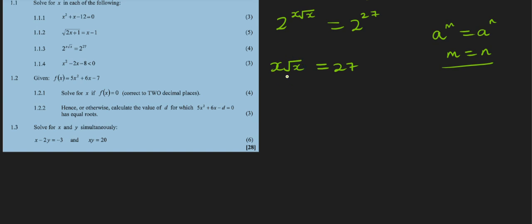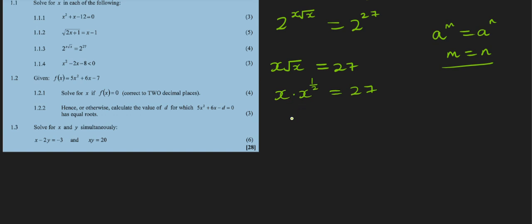On this side, it is up to us if we want to remove the radical sign: we are going to square the left-hand side and also the right-hand side, or else we are just going to say it is x multiplied by x with the exponent of half equals 27. Looking at the bases, they are the same, meaning that we are going to add the exponents.